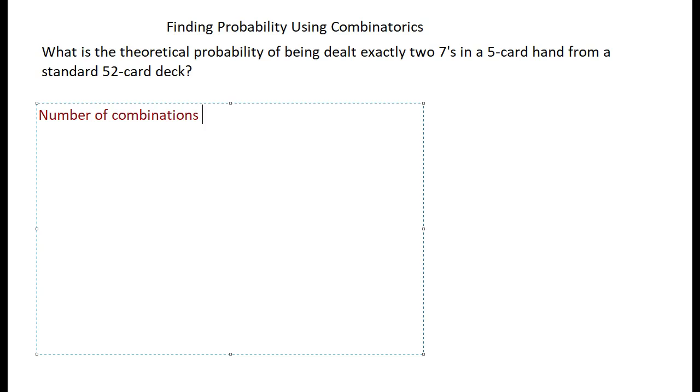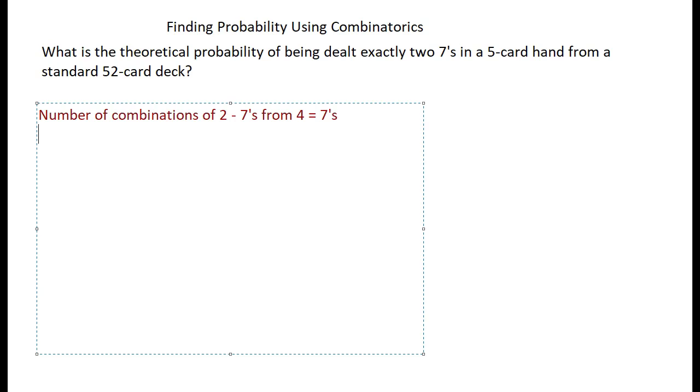So there's 4 7s in the deck. So combinations of 2 7s from 4 7s. Okay, that's one thing we have to find.